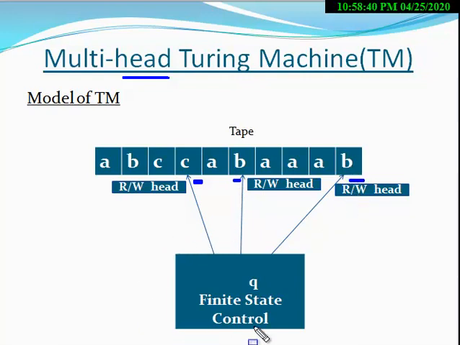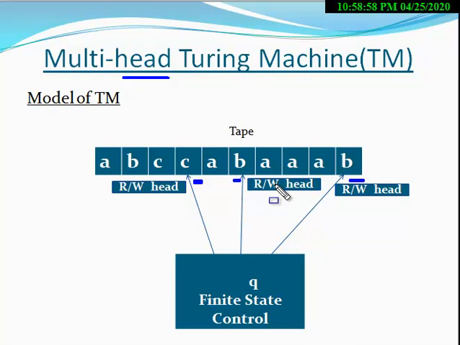This is the finite state control. The finite state control is a set of transition rules, and according to this set of transition rules, the movement of these heads will be decided.